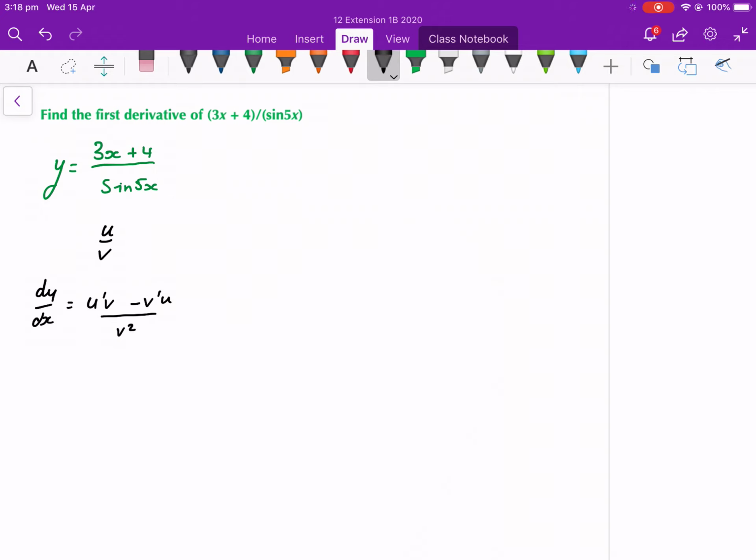So again, identifying these: u equals 3x plus 4, therefore u dash equals 3, v equals sine 5x, v dash equals 5 cos 5x, and v squared, which we need as well, will be sine squared 5x.